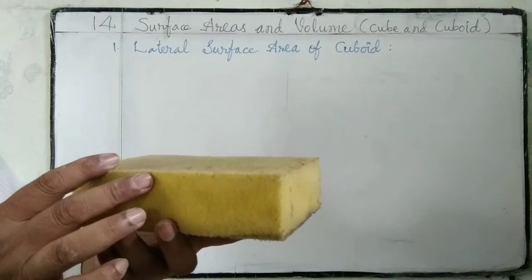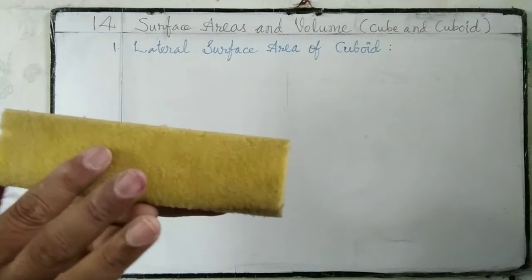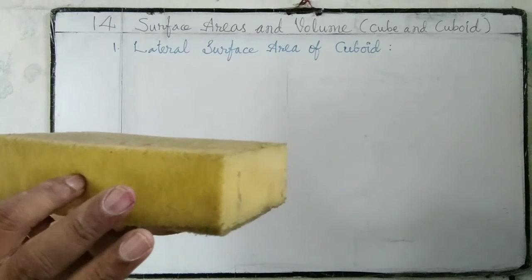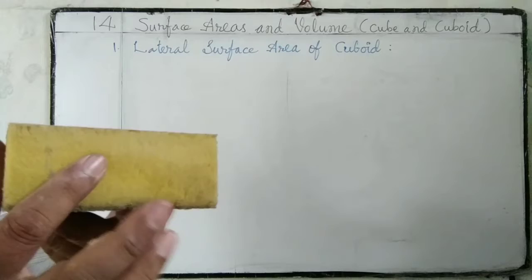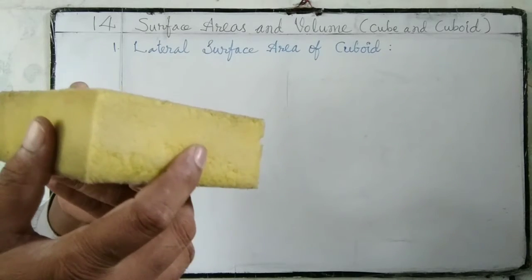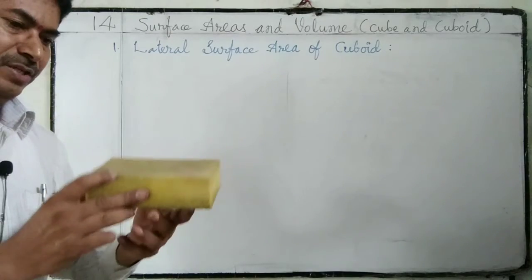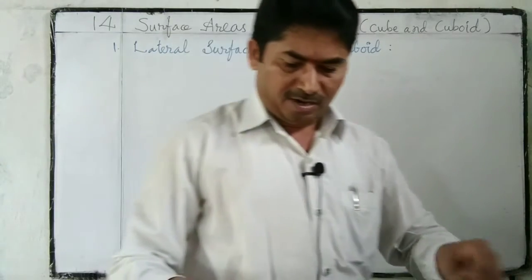And lateral surfaces, this is a lateral surface: 1, 2, 3, 4. So these 4 are called lateral surfaces. Let us draw this figure on board.